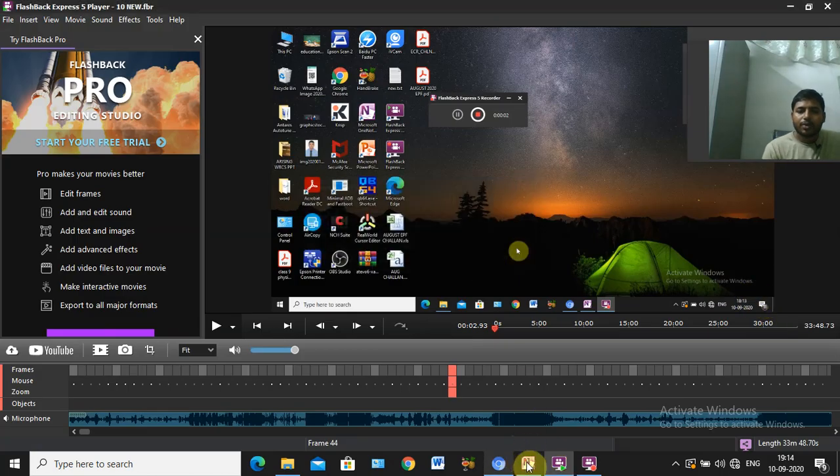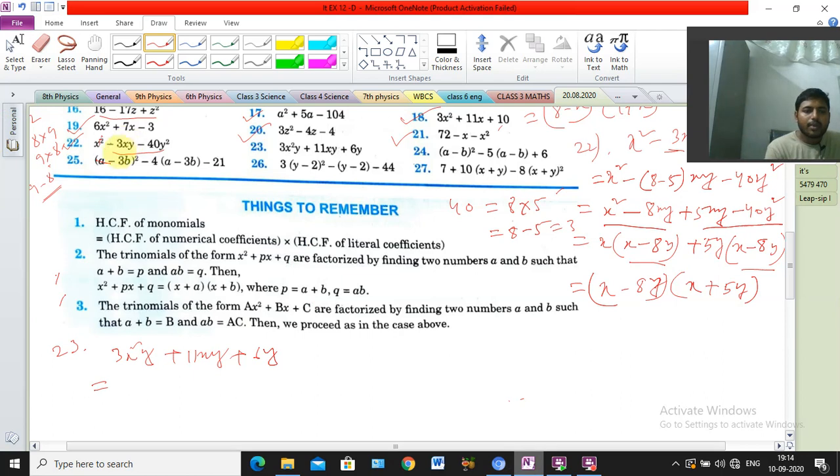Because in question number 22, y was not there in every term, only the second and third terms had y, but here in 23 y is there in every term. Okay, clear.